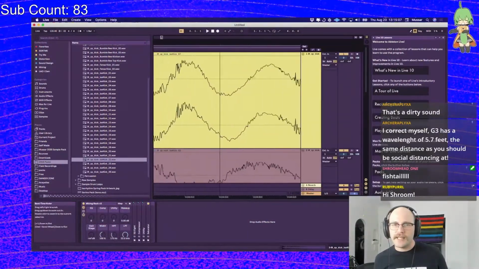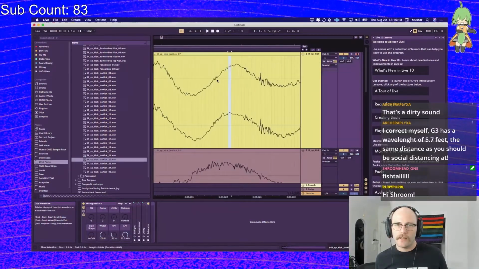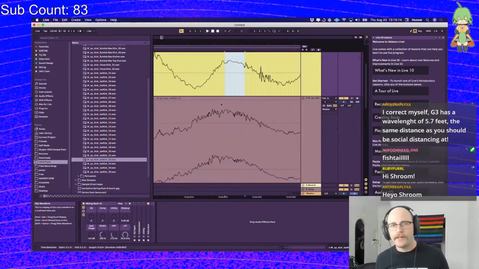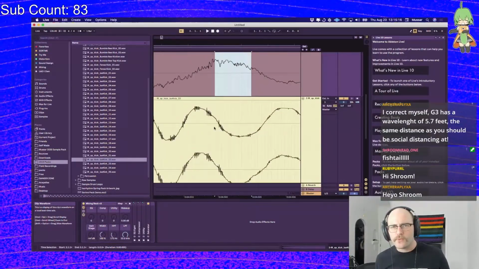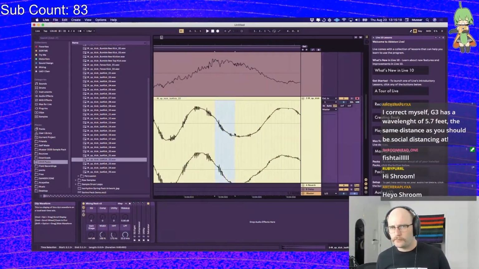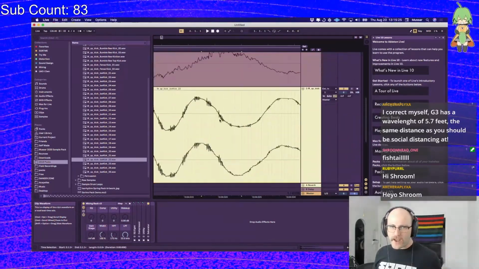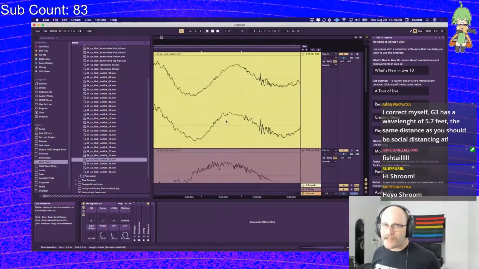So, in this moment right here, what's happening? Well, this one's moving up, this one's moving up, this one's moving down, and this one's moving up. So we have 3 waveforms that are moving up and 1 moving down.